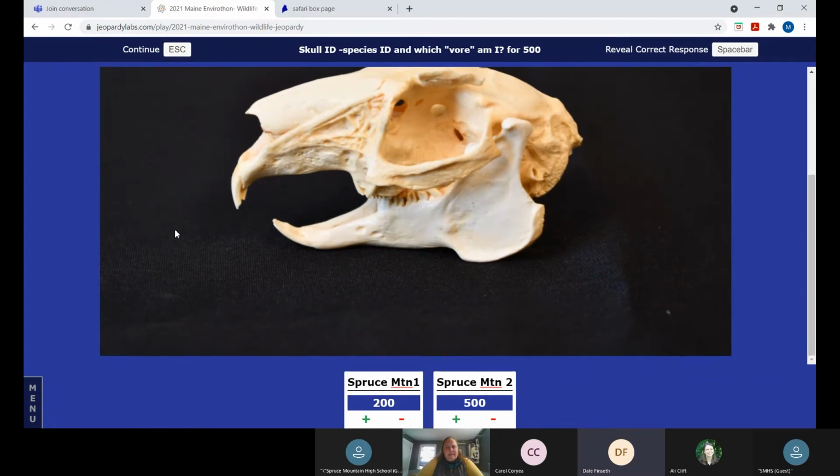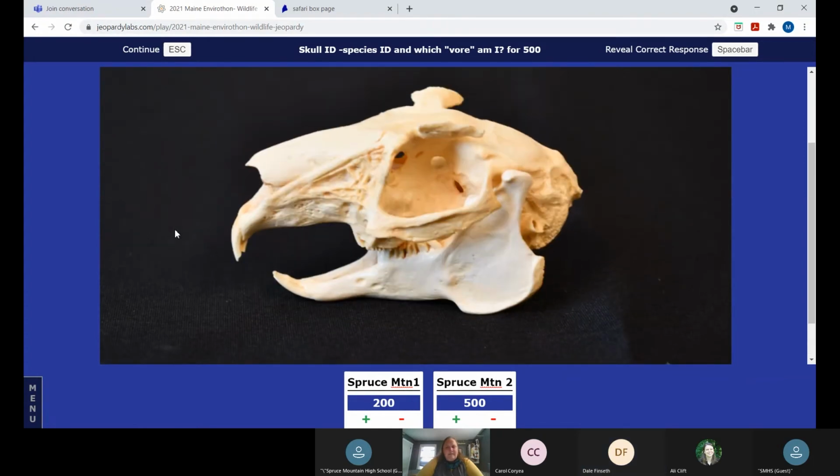And again, I apologize that this one does not have a measuring ruler in front of it, but I can tell you it's probably about 4 to 5 inches long. Wow. Closer to 4.